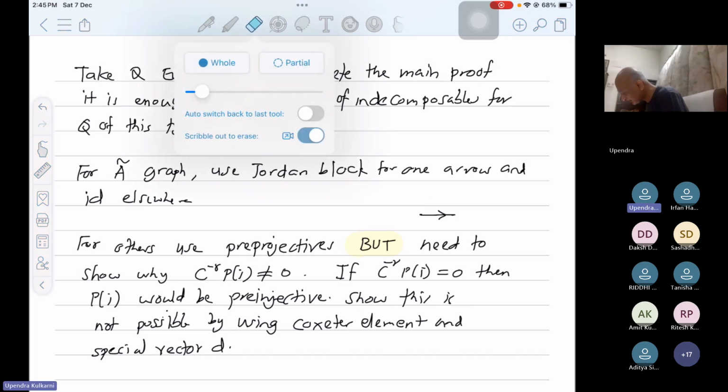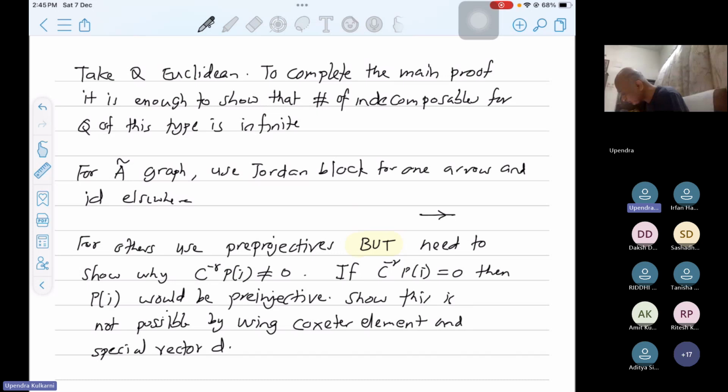What I will do is I will just take k to the n here, and I will put a Jordan block. You can say, well, what if the field is not infinite? Well, it doesn't matter. You just put a nilpotent Jordan block. Okay. And then for all other arrows, I just put equalities.